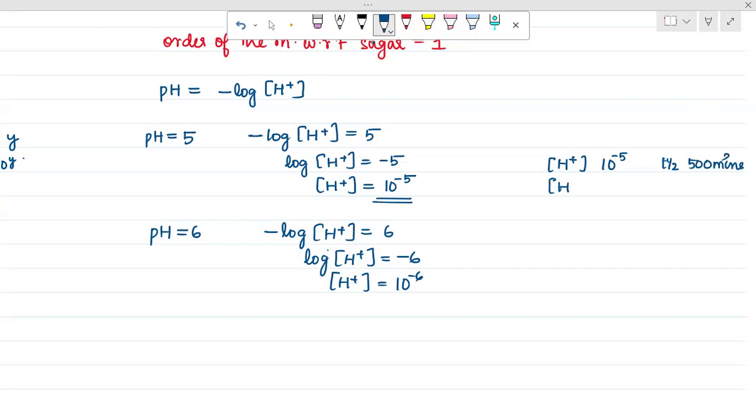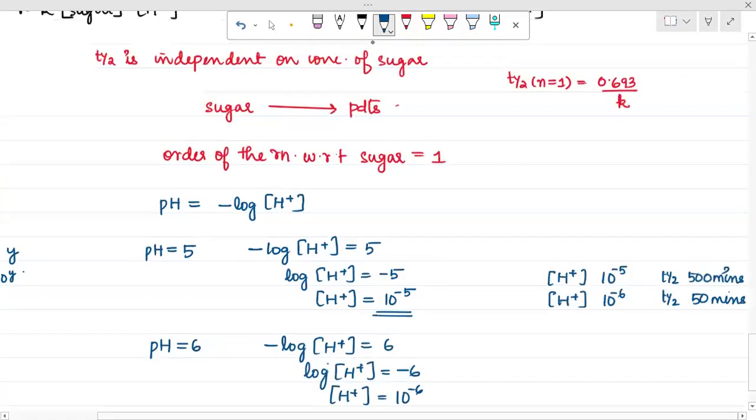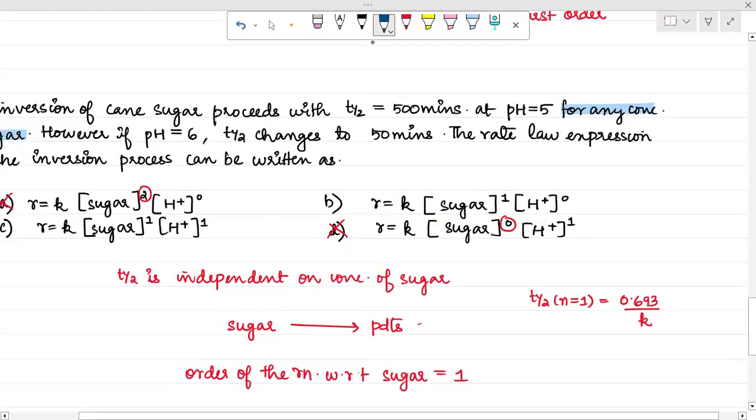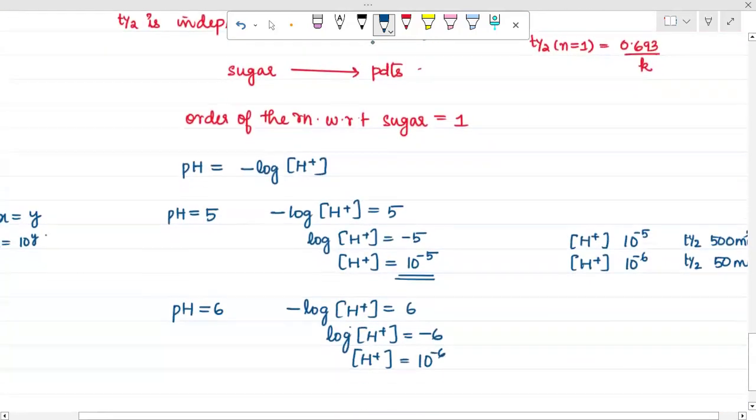And when the H plus concentration is 10 to the power minus 6, which is even smaller, correct? T half has become 50. This is what is given in the question, correct? At 5, it is 500. At 6, it is 50. Now see what has happened.